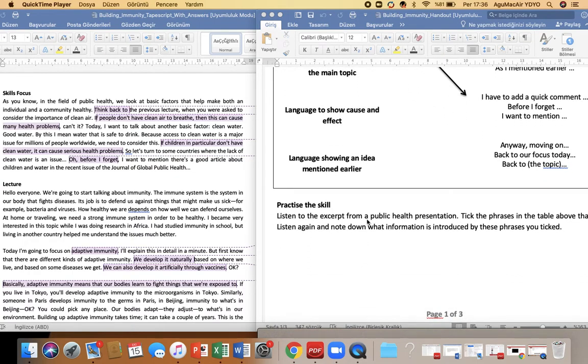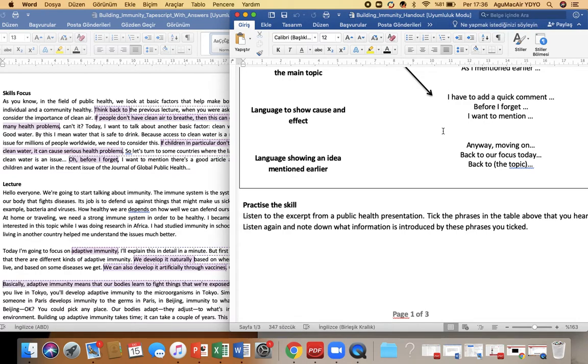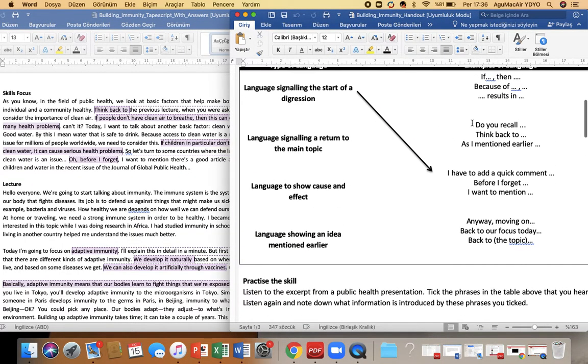Okay. So this is another activity: listen to the excerpt from a public health presentation. Take the phrases in the table above that you hear, right? So look at the transcript. The first one is think back to. This is one of the phrases showing an idea mentioned earlier.